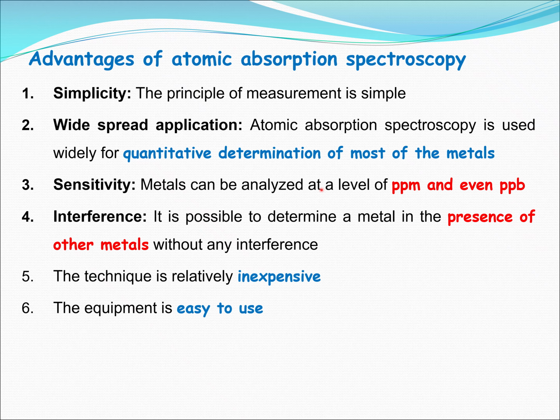But UV or fluorometry can be used for analyzing at a level of ppm, whereas atomic absorption spectroscopy can be used even for ppb. Then interference: it is possible to determine the metal in the presence of other metals without any interference. Then the technique is relatively inexpensive. Then the equipment is easy to use.